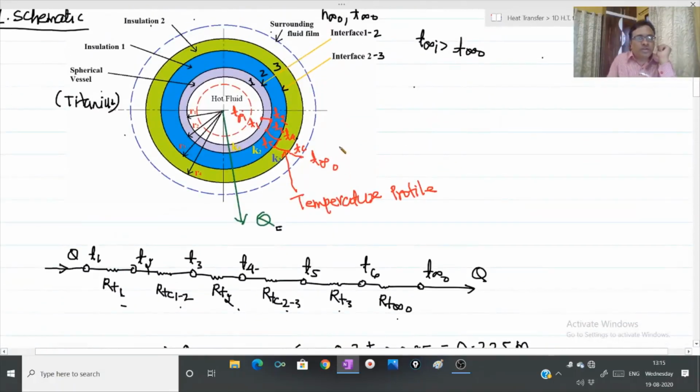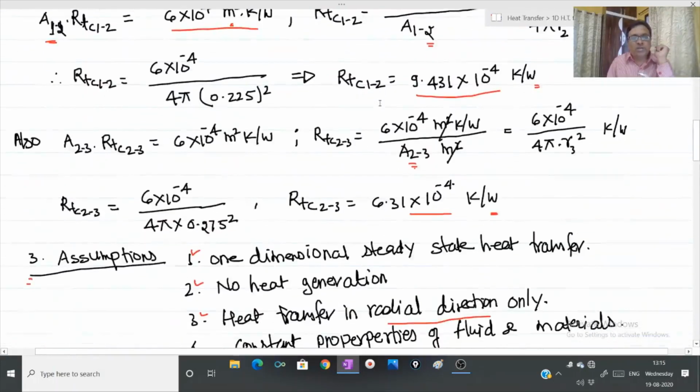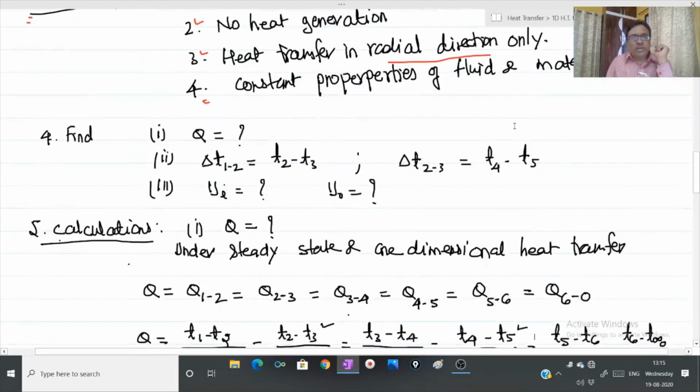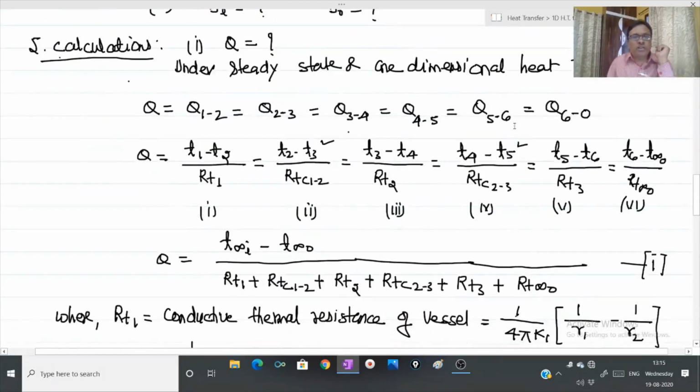In order to calculate these temperature drops, as we could calculate the value of Q, if I recall equation 2 and 4, I will be able to calculate T2 minus T3 and T4 minus T5.